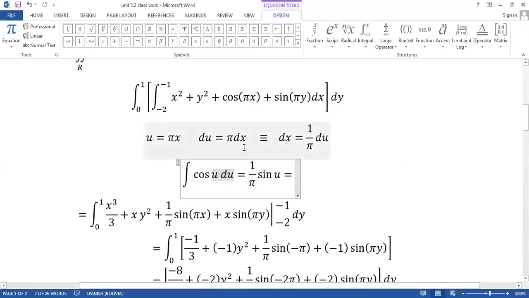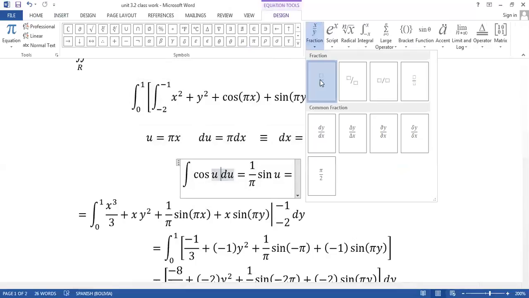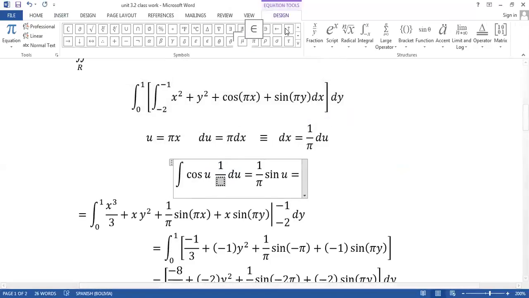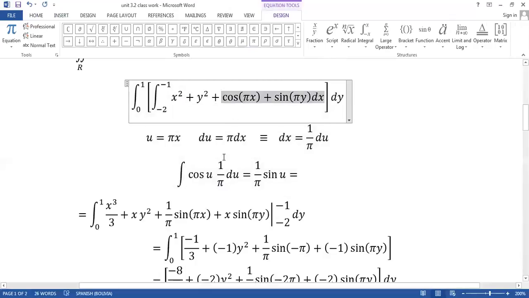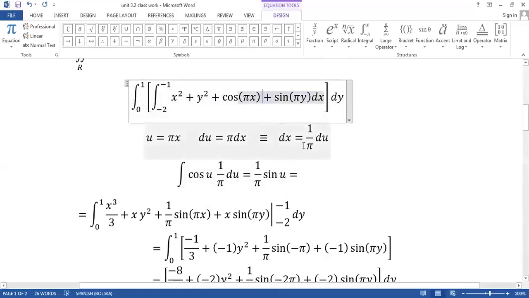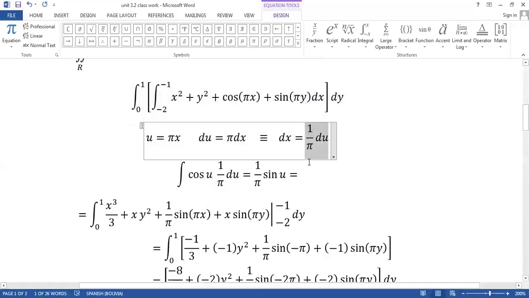So I'm going to put a 1 over pi here. So now I have everything that I should have right here. Cosine of u, my u is pi x. And my dx, which is understood here, is 1 over pi du.